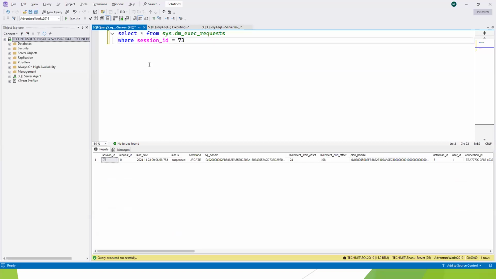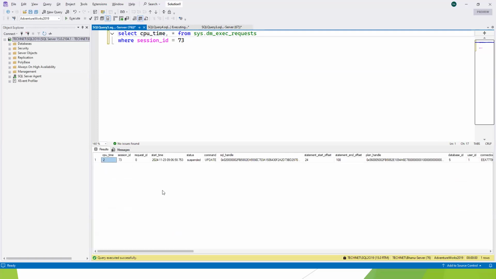I'll take that session as 73. If the thread is suspended, as I told, you will not see any CPU time. So have you seen that CPU time? CPU time will not increase at all, right? If it is suspended, the query is not actually running on the CPU.